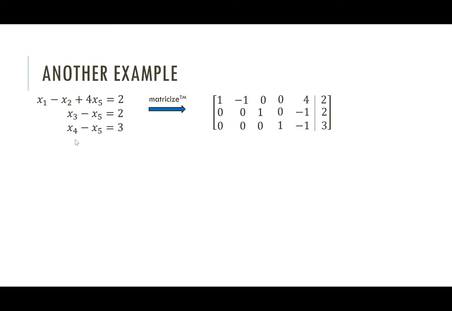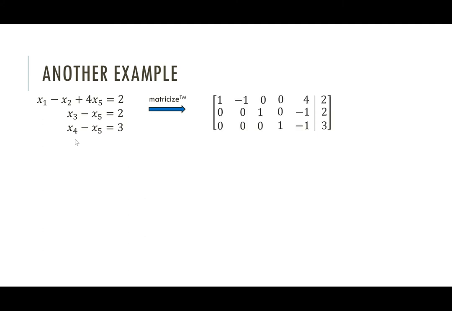Okay, let's do one more example. All right, let's have this system: x1 minus x2 plus 4x5 equals 2, x3 minus x5 equals 2, and x4 minus x5 equals 3. So we have 3 equations and 5 unknowns. And all right, so let's matricize.